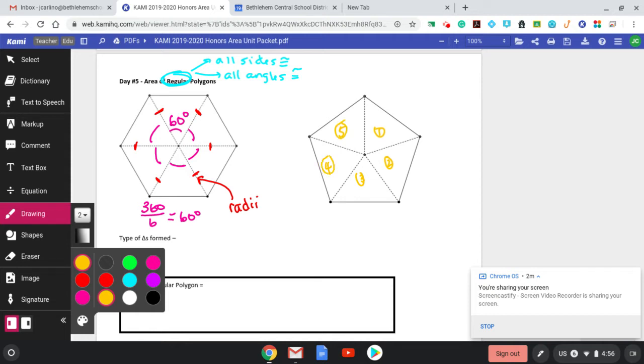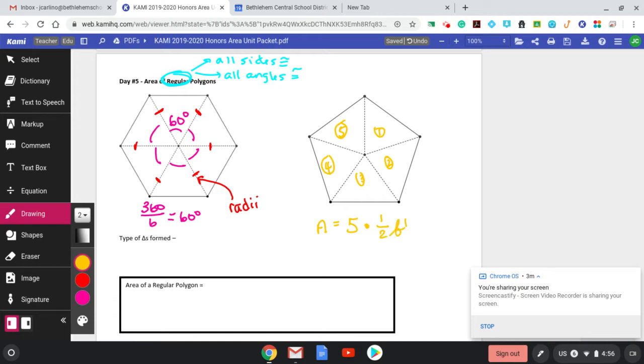All of them are congruent because this is a regular figure. So just writing some thoughts down here, the area would be 5, because of the 5 triangles, times the area of one of them. And since it's a triangle, I can do 1/2 base times height.